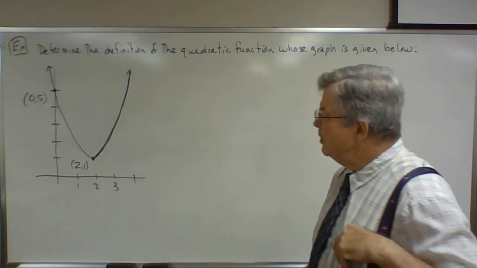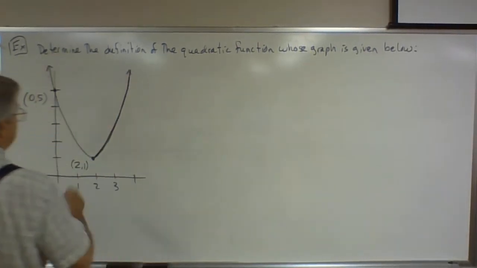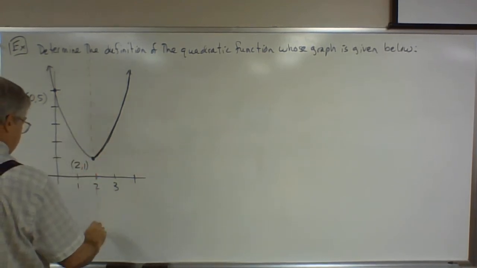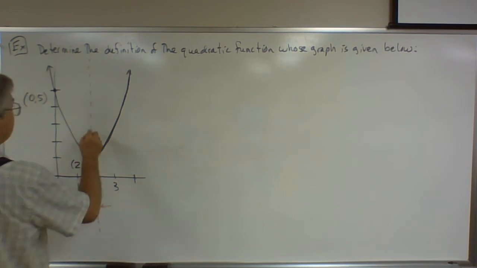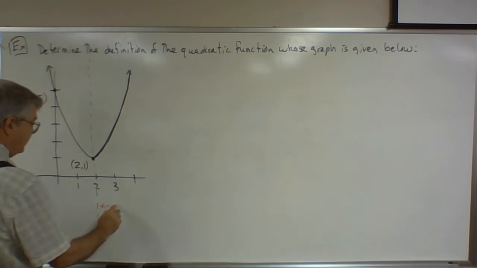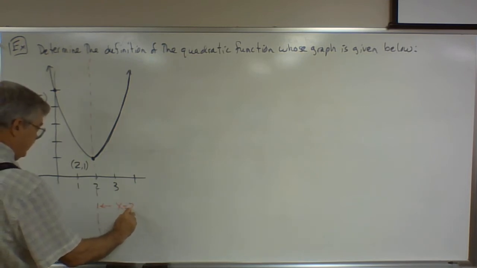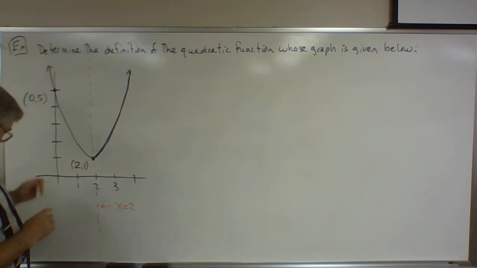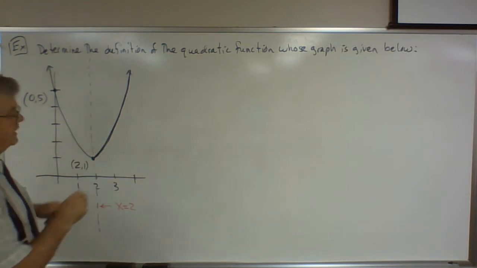And look at what we have. Here's our axis of symmetry. It passes through the point 2 on the x-axis. So the equation of this vertical line is x equals 2. So I know that already.